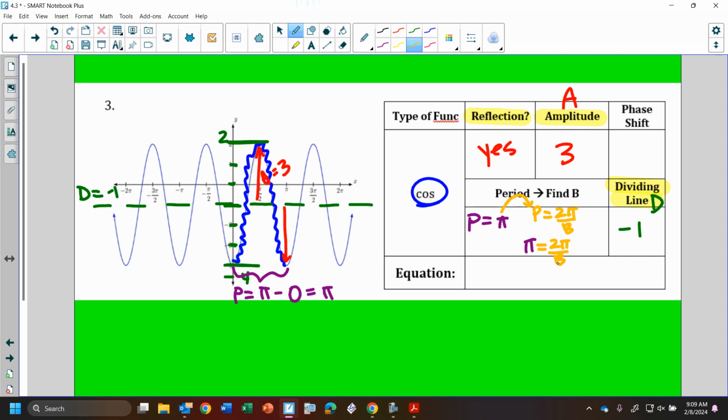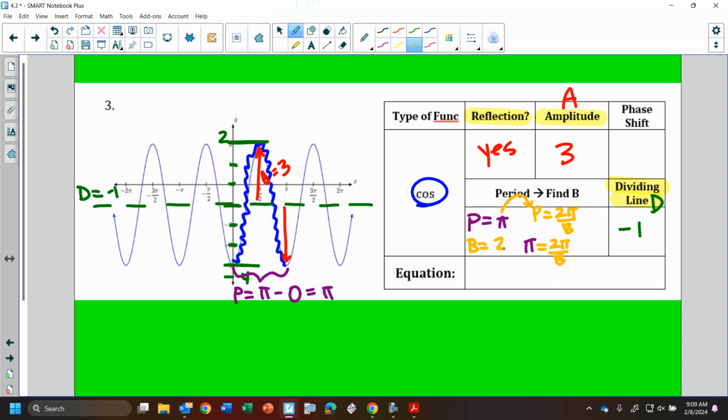What are we getting for our b value? B is going to be 2. Cool. And cross multiply it out.